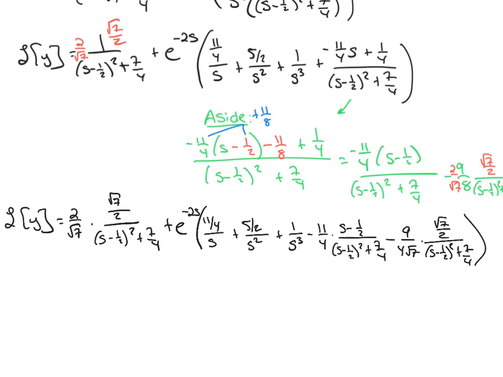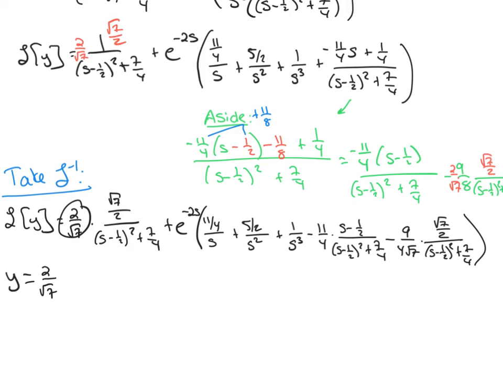Okay, take the inverse Laplace of both sides. And away we go. So y equals 2 over root 7. Okay, so looking at this, we have a first shifting theorem in our sine because we have s minus 1/2 squared.